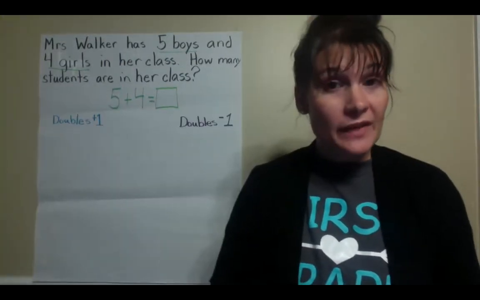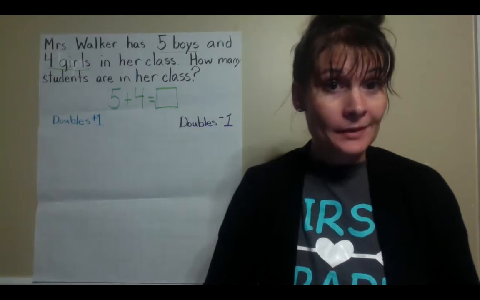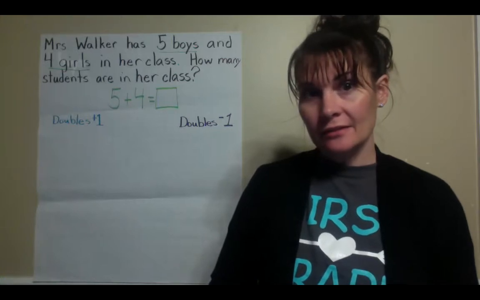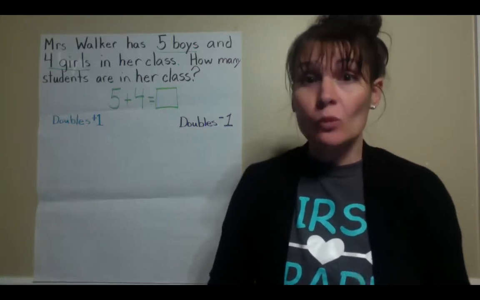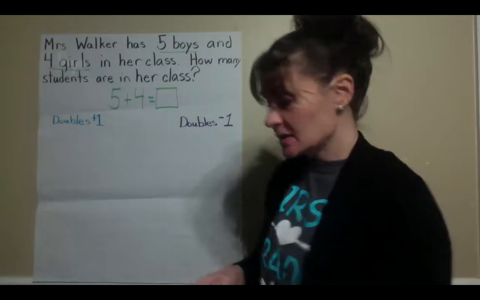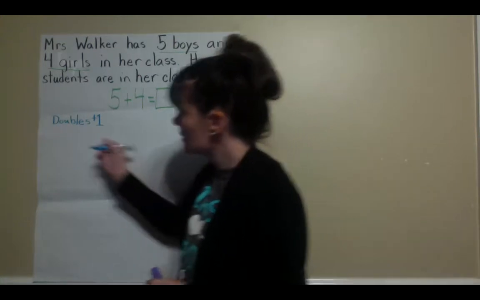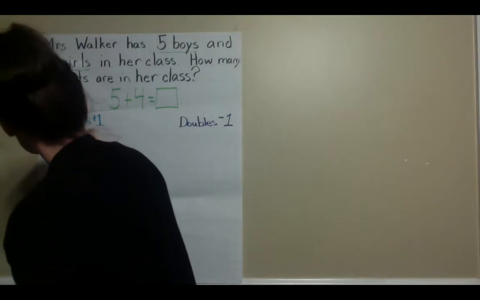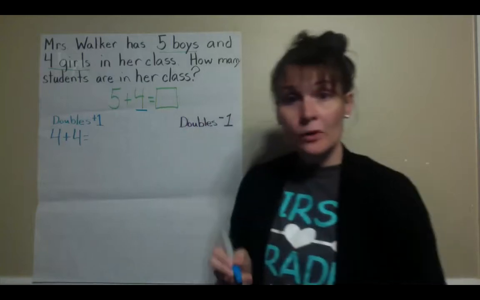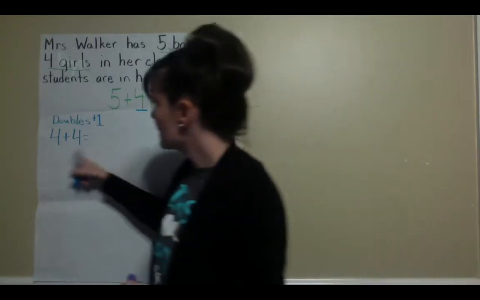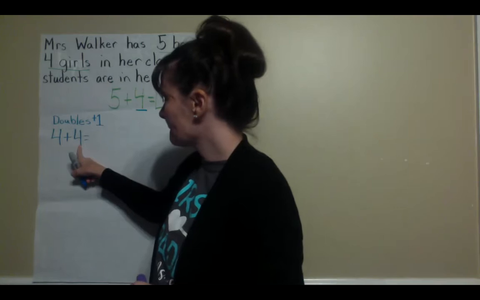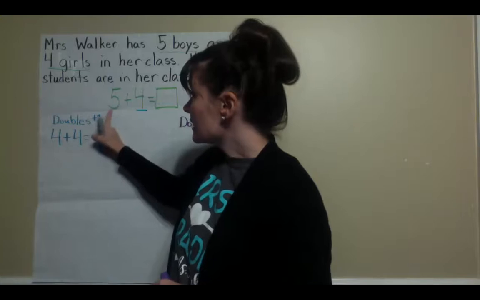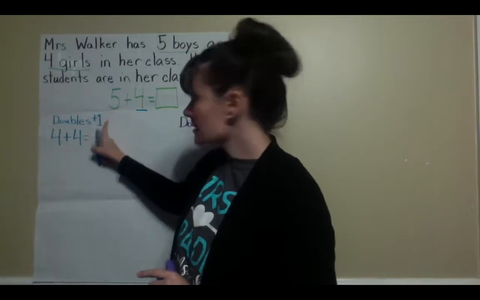Did you think of a doubles fact that could help you? Great. How did you use your doubles fact? I heard some great thinking. One that I heard was using the double 4 plus 4, because there is a 4 in the problem. But I know that 5 is 1 more than that 4.